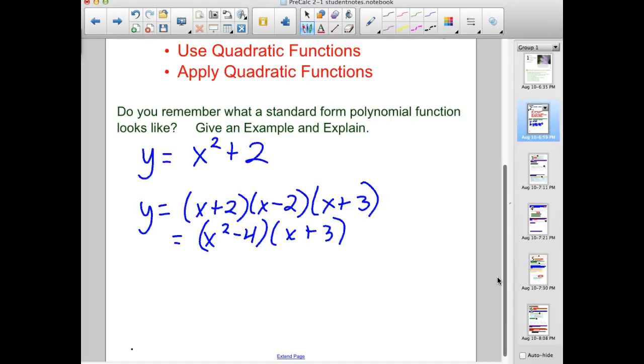X squared times x, x cubed. Outsides? Insides. Last. Okay, so I could say f of x equals that. That is a cubic function.